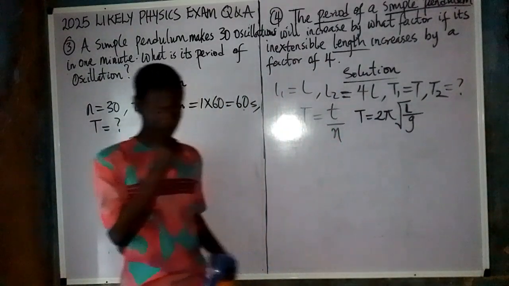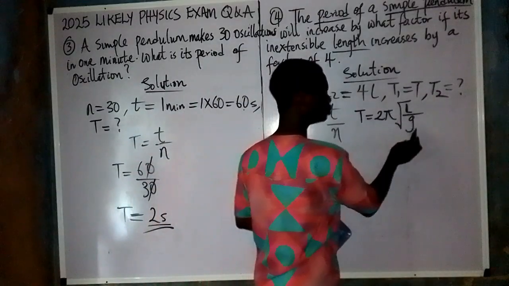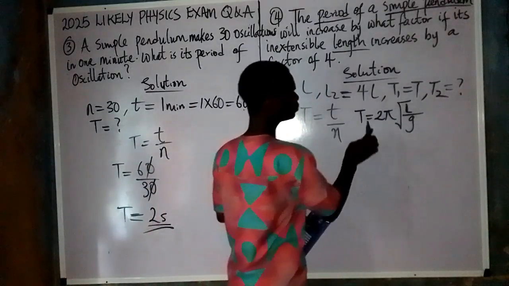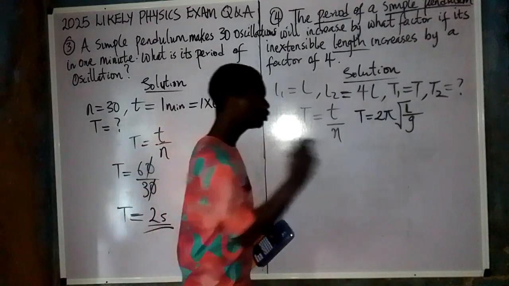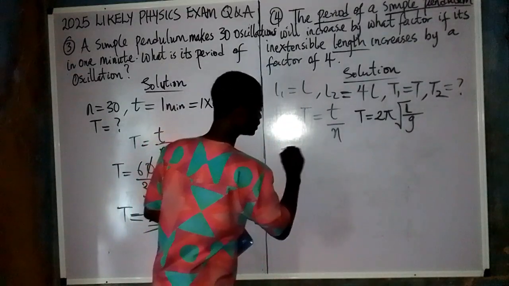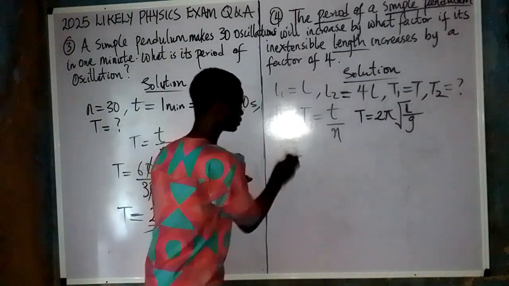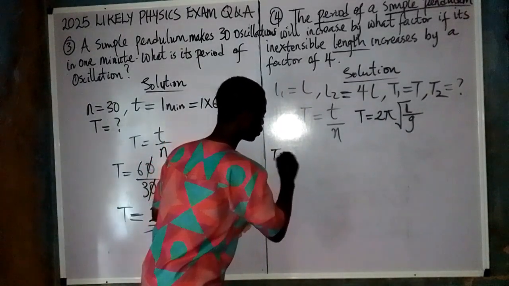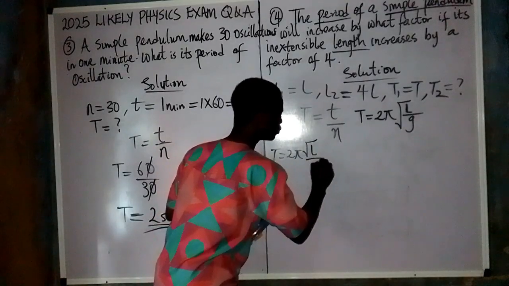Now ask yourself, the relation we are trying to draw, is it between T and g? No. Is it between T and L? Yes. Okay? Now we know, bring this here. I want to put it in another form. That T, what we have here is the same thing as T is equal to 2 pi root L over root g.